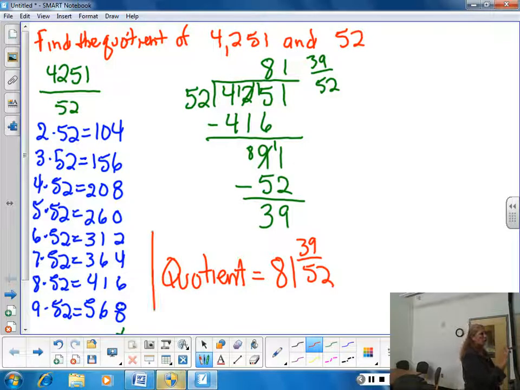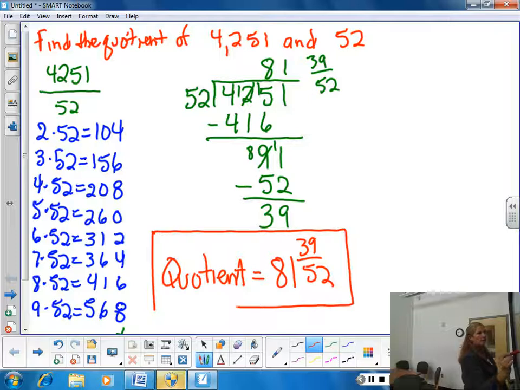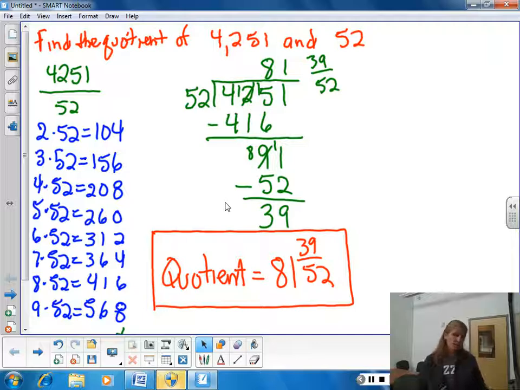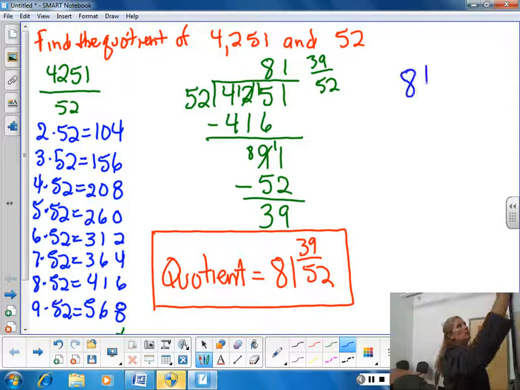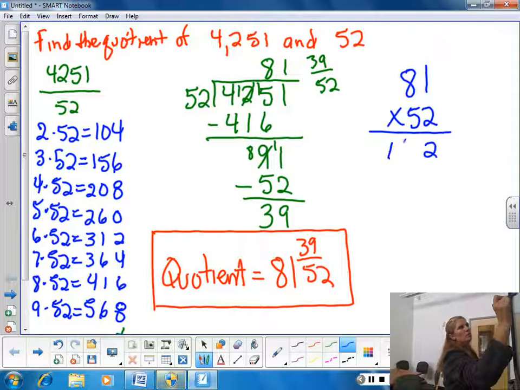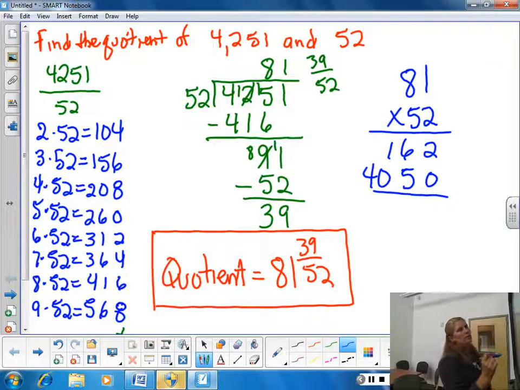But how do I know for sure I didn't make a mistake? Maybe I multiplied something wrong, maybe I added something wrong over here. I don't know. How I'm going to feel confident is to do the check. And I keep pushing this because I want you to do that. The quotient times the divisor: 2, 16, put a 0, 5, and 8 times 5 is 40.